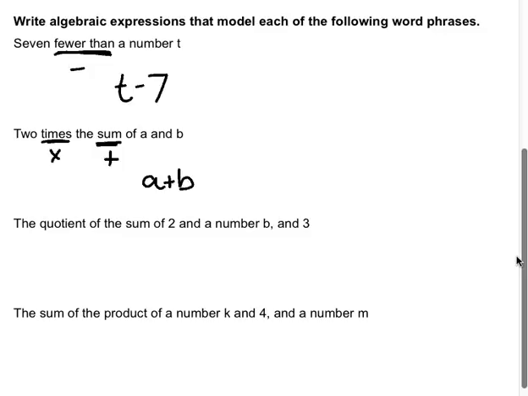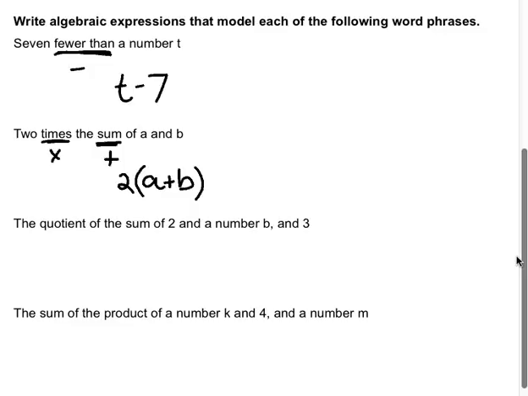And if I want 2 times that sum, I need to take that whole thing and multiply it by 2. So the thing to remember in this one is sometimes you're going to need parentheses if you're doing multiple operations. Think about what would make sense in order to take the sum of, or multiplying that whole sum.